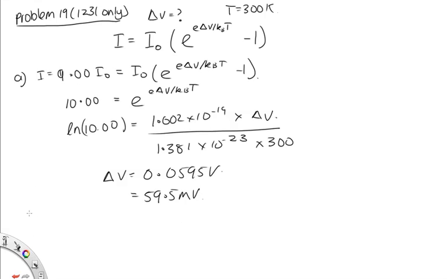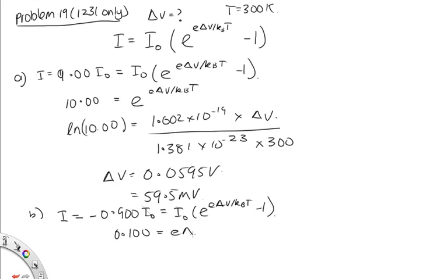So that's part A. In part B, we're told that I is equal to minus 0.900 I naught. So we just go through the same steps again. This is I naught times e to the delta V over KB T minus 1. And so cancelling out the I naughts, we end up with 0.100 is equal to e to the E delta V over KB T when we take the log of this thing.